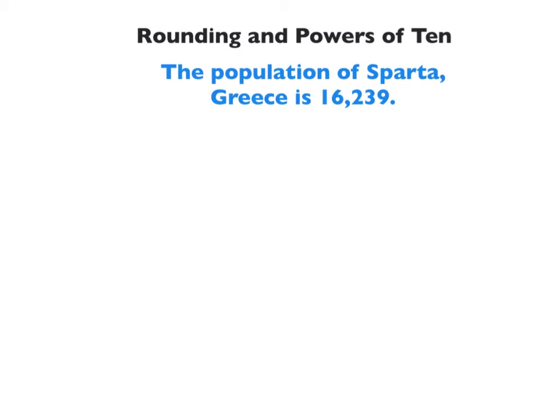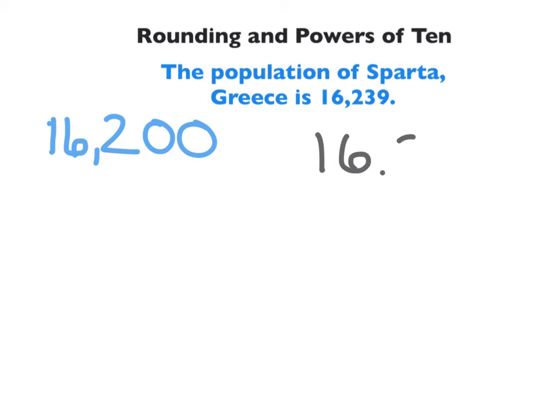Okay, this time let's round the population to the nearest hundreds. Then my number is going to be 16,200. And again, I can show that value in different ways with powers of 10. I could show 16.2 times 10 to the third.